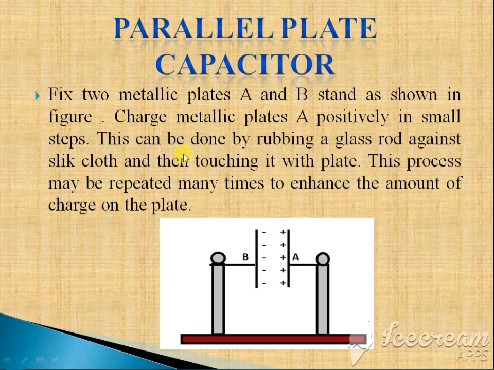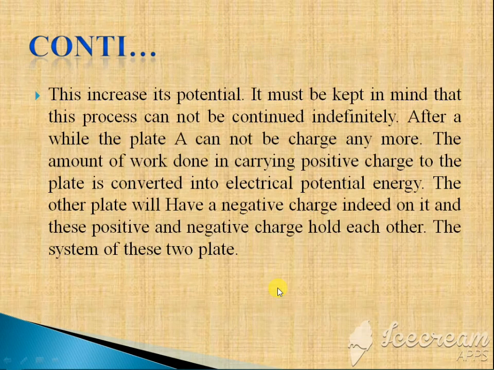This process may be repeated many times to enhance the amount of charge on the plate. You can see the diagram. This is the A plate consisting of positive charges and this is the B plate consisting of negative charges.